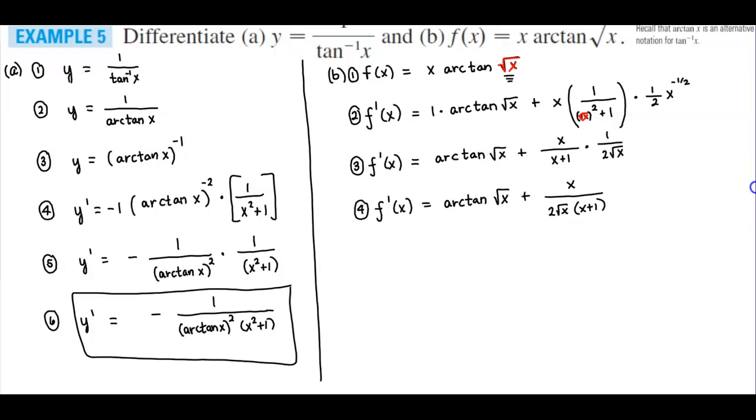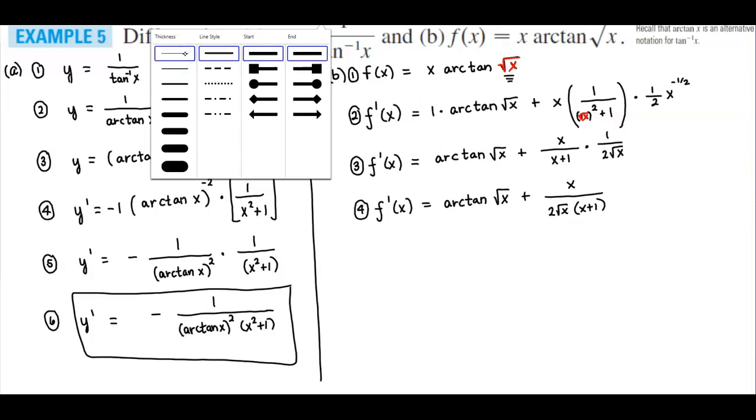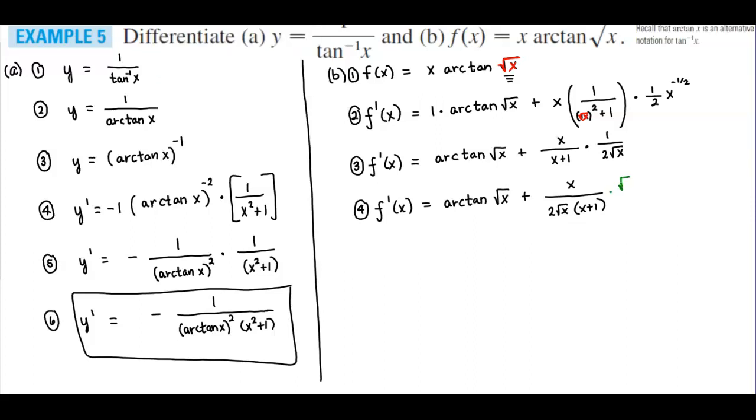Okay, so now in that second term, what we want to be able to do is rationalize the denominator. And so in order to rationalize the denominator, we need to multiply the numerator and the denominator by the square root of x.